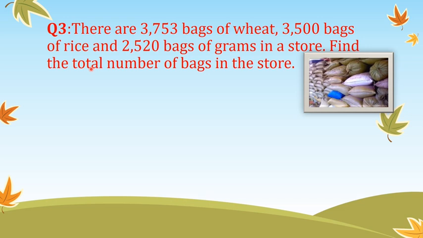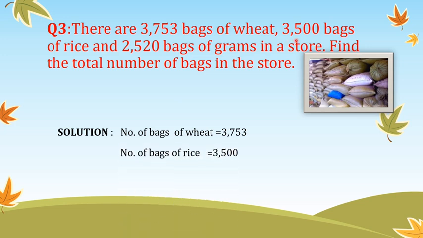So then we will start our solution with the first statement, number of bags of wheat, or you can write in short also, number of wheat bags. Okay, then second statement goes, number of bags of rice, 3,500, and then you have number of bags of grams, that is 2,520. So these are three statements.